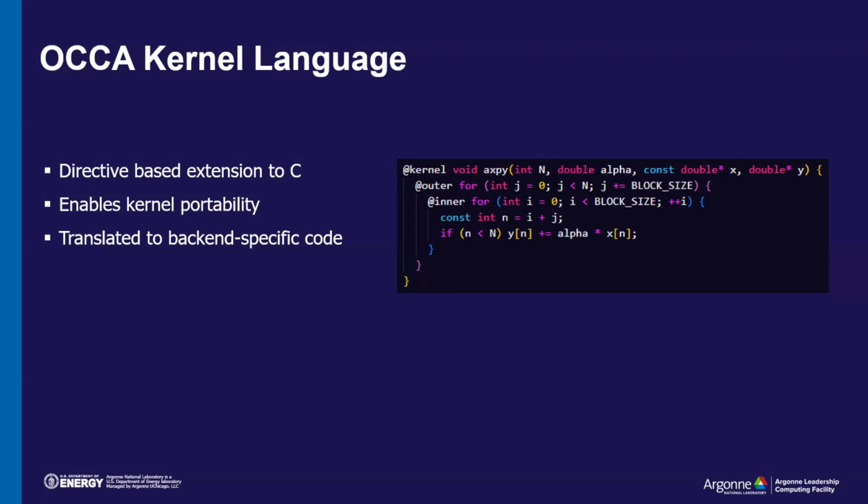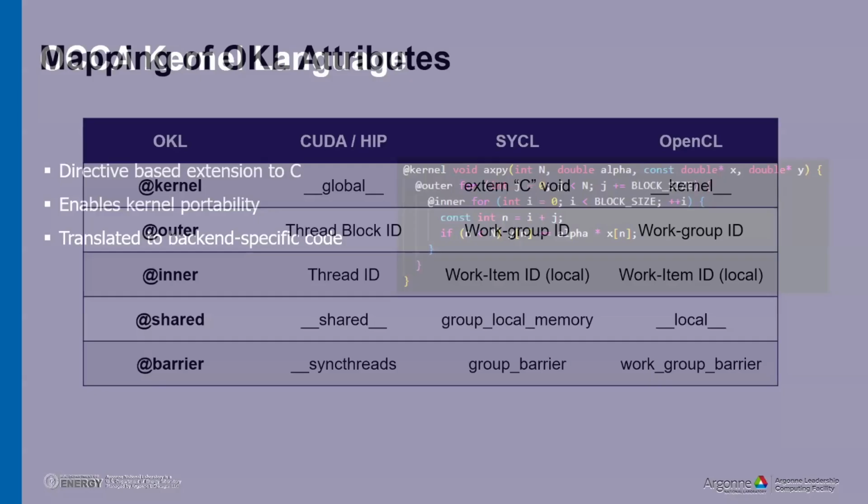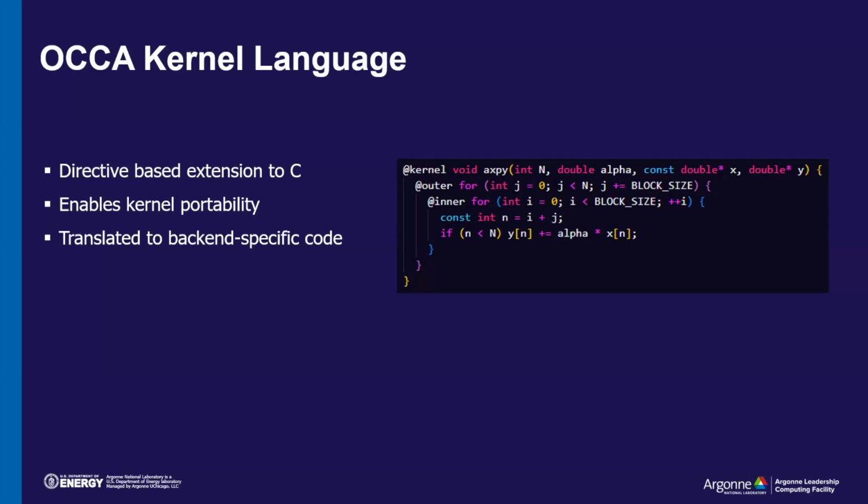The most common attributes that you'll see used are the kernel attribute here, and then these inner and outer loops. You can think about the outer loops as being equivalent to something like a CUDA thread block, and the inner loops as being equivalent to a particular thread ID.